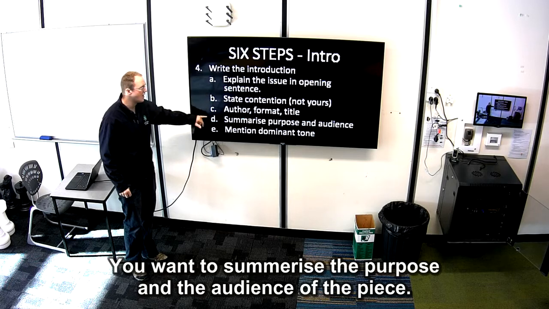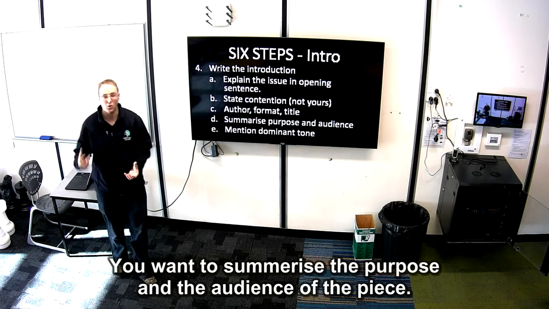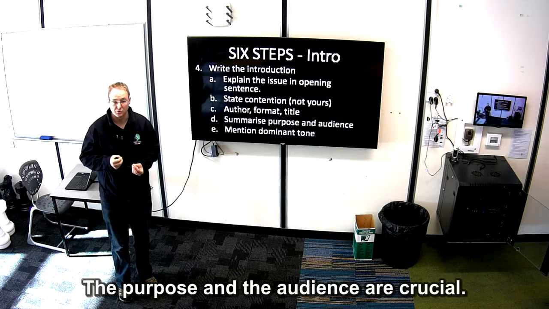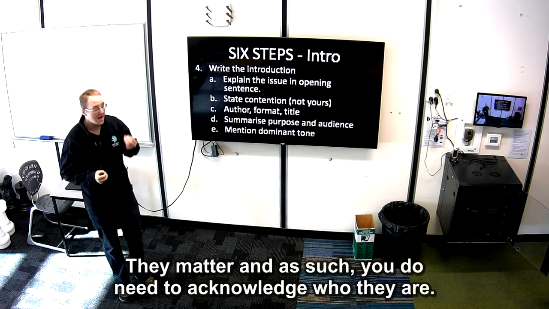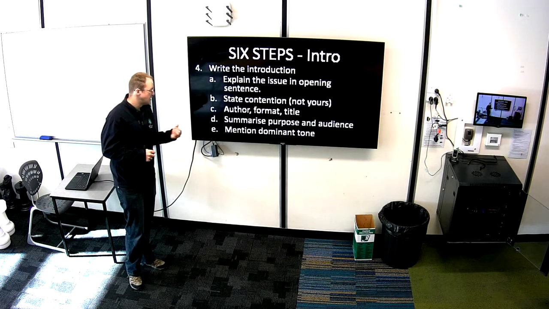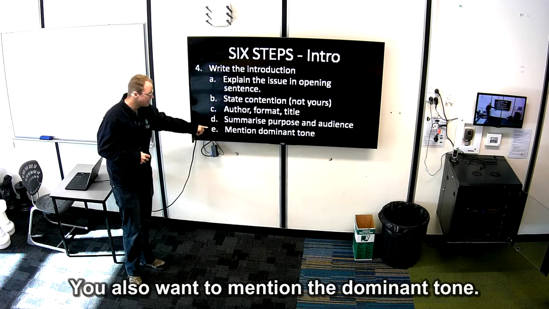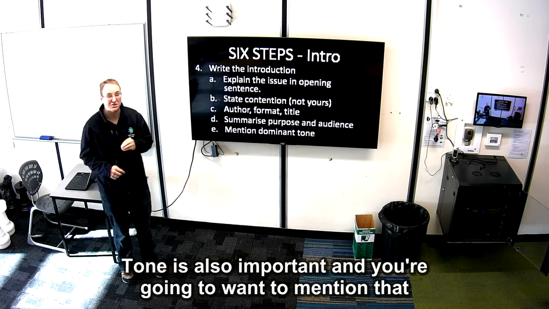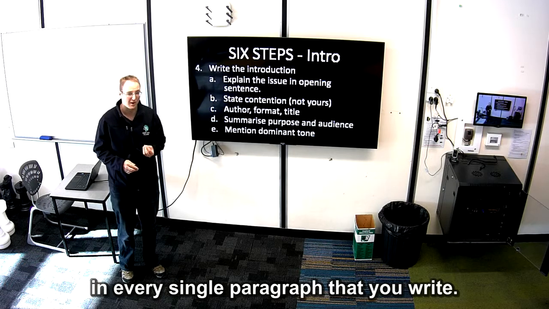You want to summarise the purpose and the audience of the piece. The purpose and the audience are crucial. They matter, and as such, you do need to acknowledge who they are. You also want to mention the dominant tone. Tone is also important, and you're going to want to mention that in every single paragraph that you write.